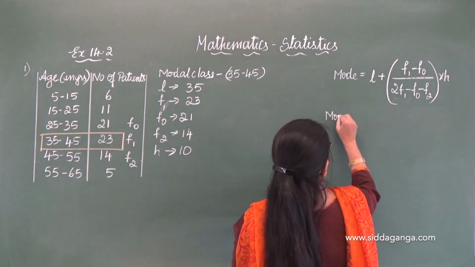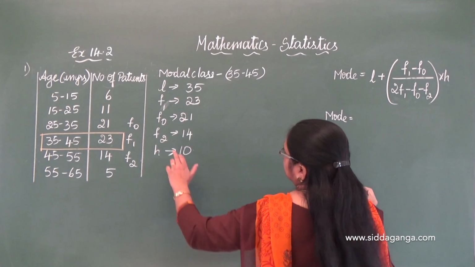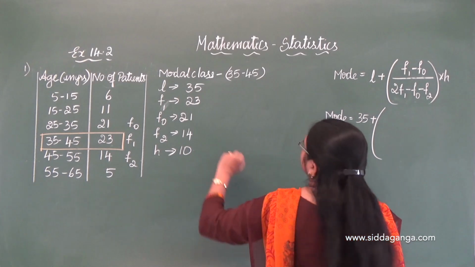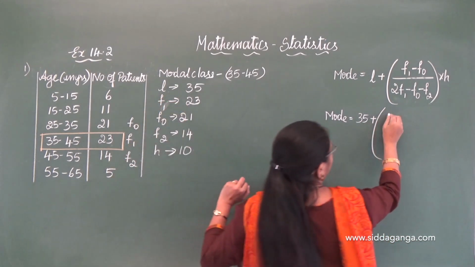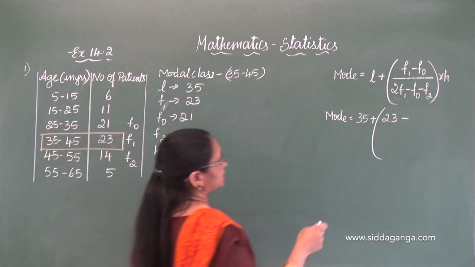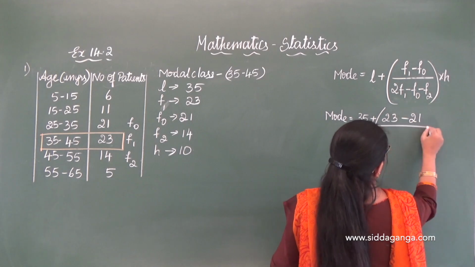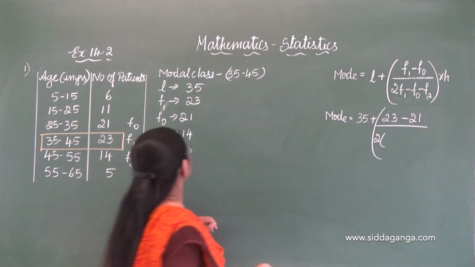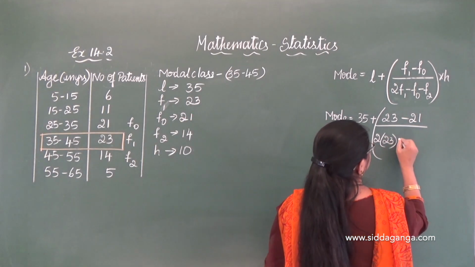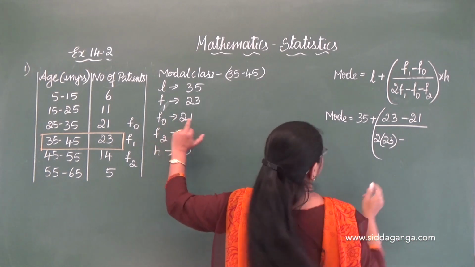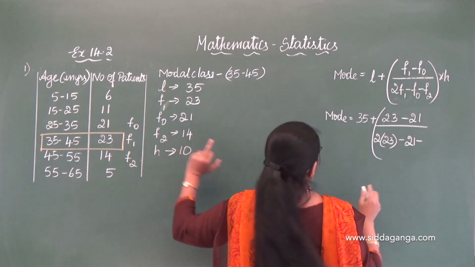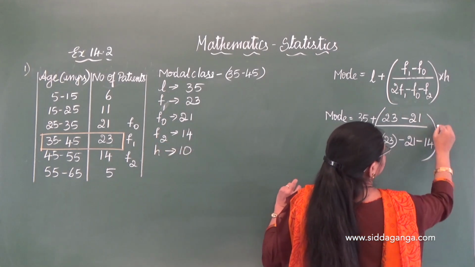Mode is equal to l plus (f1 minus f0) divided by (2 f1 minus f0 minus f2) into h. l is 35, f1 is 23, minus 21, divided by 2 into f1, 2 into 23, minus 21, minus f2 is 14, into h.